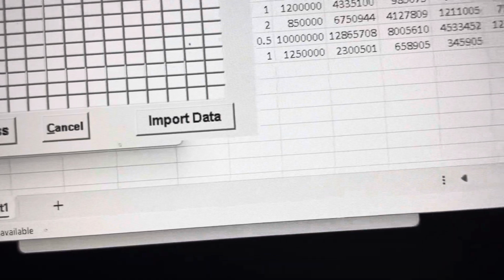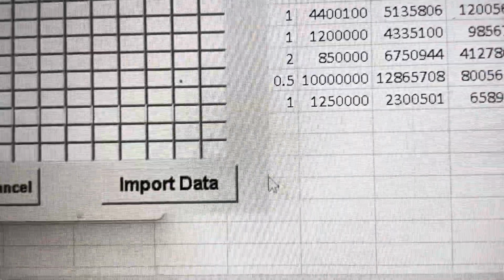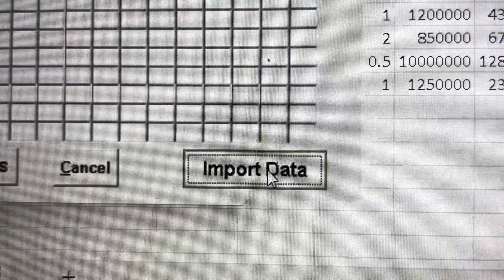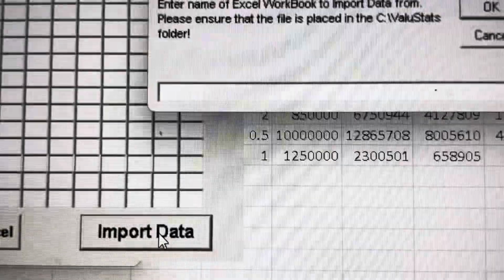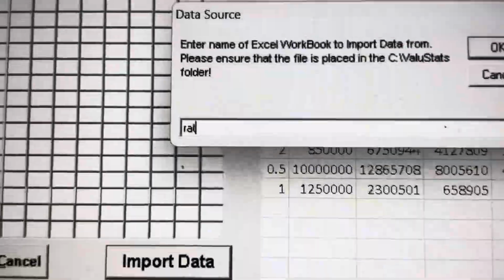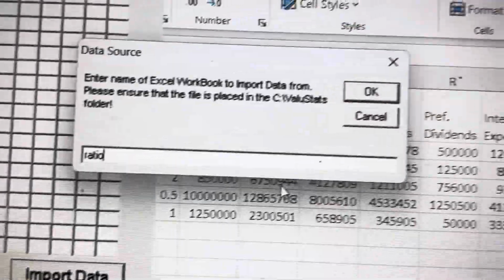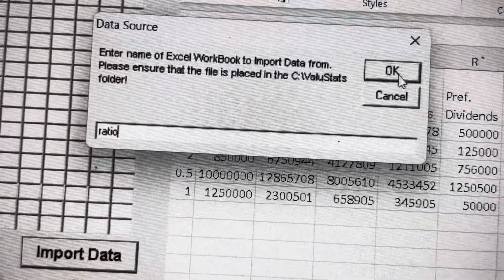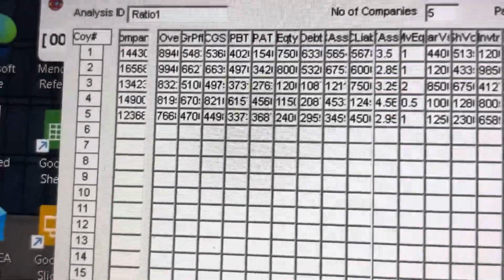Then we now import data, and then the name of the data we are going to use. The data file is stored as ratio, so we simply type in ratio, press OK, and then we wait.